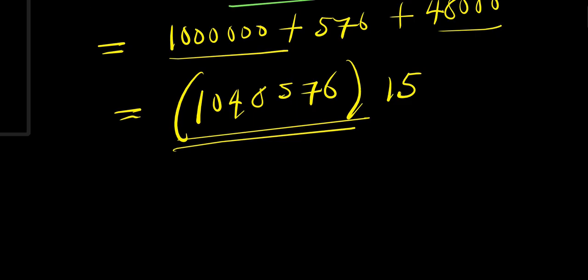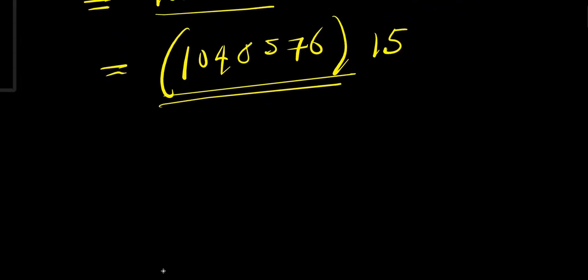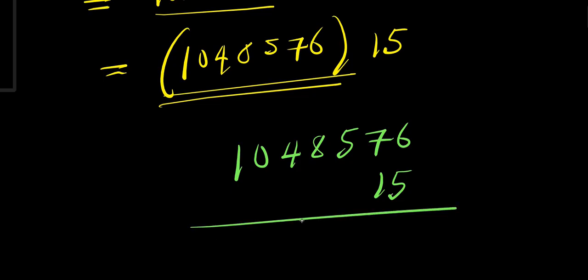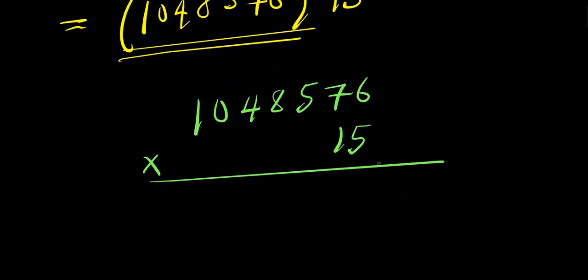So let's do that right away. So we have 1,048,576 times 15. Now we are going to start with 5. 5 times 6, that is 30, 0 carry over 3.